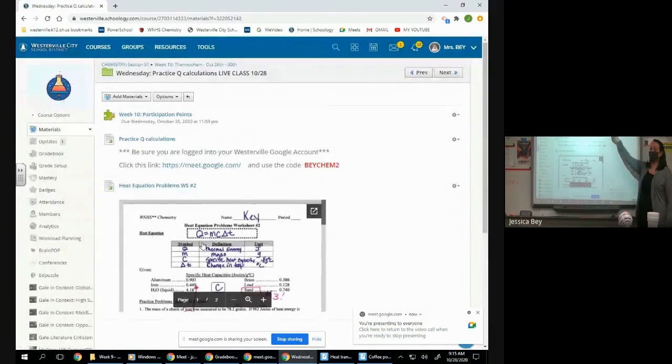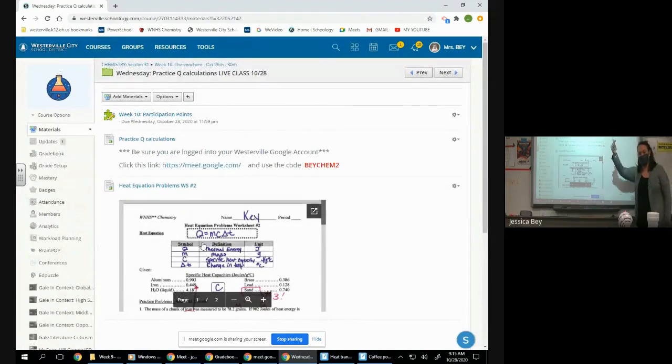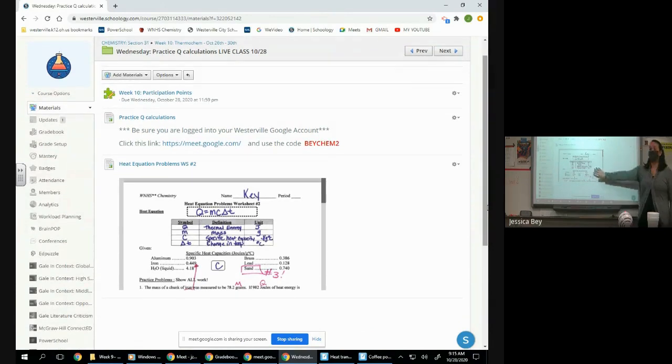If you're here online, if you're here physically, go ahead, put in your 10 participation points. And the other thing I want to point out is that the answer key is there as well. So I want you to do number 1, and then check the answer. Do number 2, and check the answer. And do number 3, check the answer, all that kind of good stuff, okay?